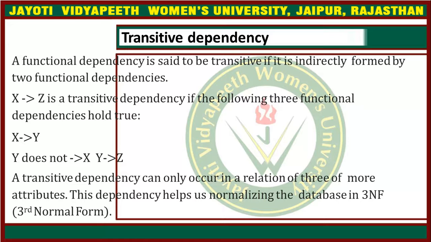X tends to Z is a transitive dependency if the following three functional dependencies hold true: X tends to Y, Y does not tend to X, and Y tends to Z. So a transitive dependency can only occur in a relation of three or more attributes. This dependency helps us normalize the database in 3NF, that is third normal form.